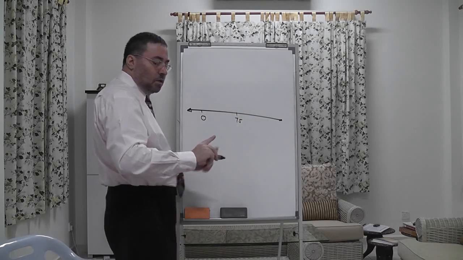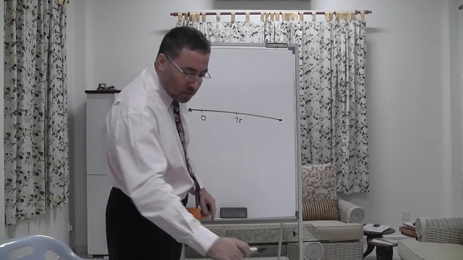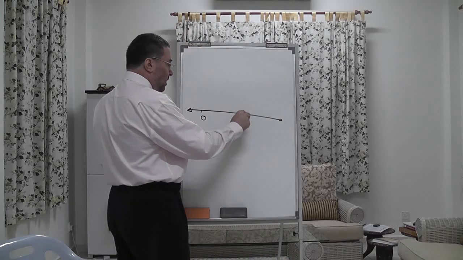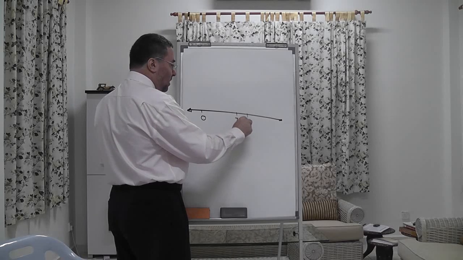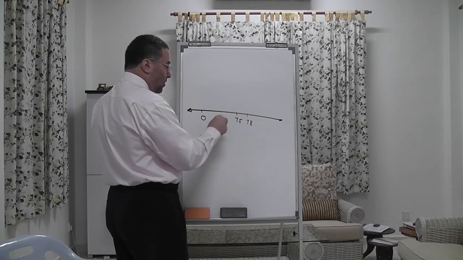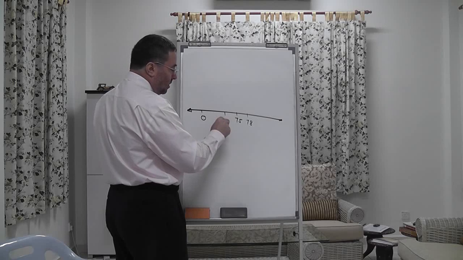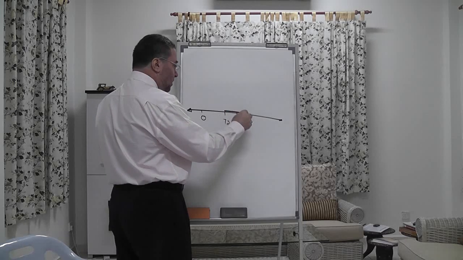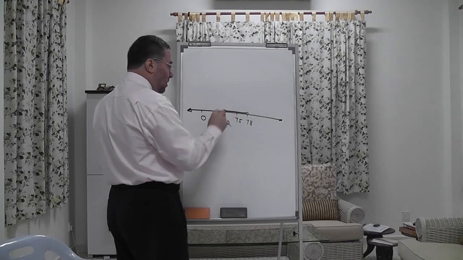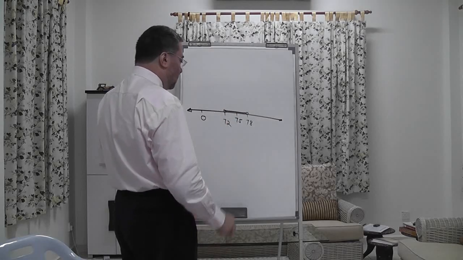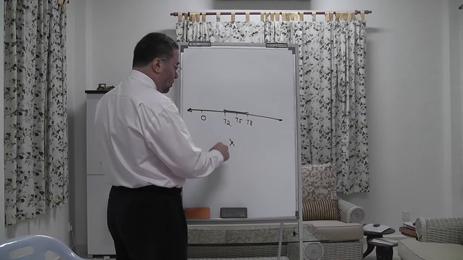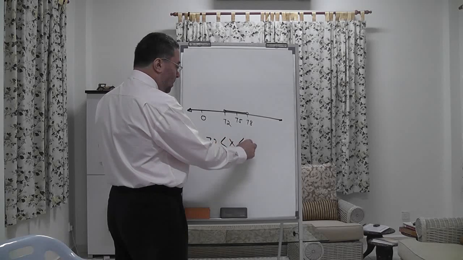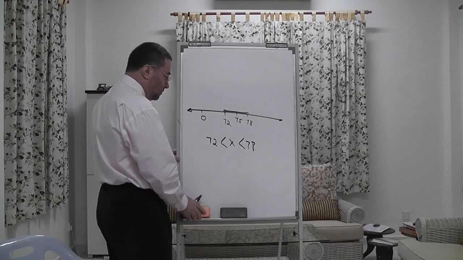And she stayed within 3 strokes from this number. So it's either 3 more, and that will be 78, or 3 less, and that will be 72. So her score was within this region, open circle on these 2 numbers. And x, that's her score, is between 72 and 78.